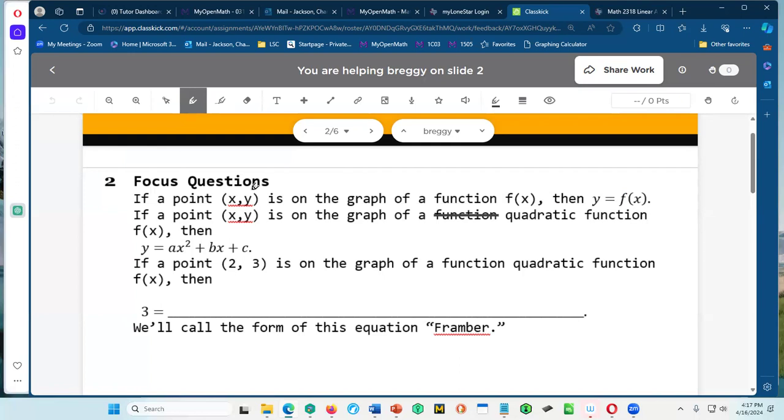This is true of quadratic functions. If a point xy is on the graph of a quadratic function, f of x, then y equals ax squared plus bx plus c. If a point 2, 3 is on the graph of a quadratic function, f of x, then 3 equals what?